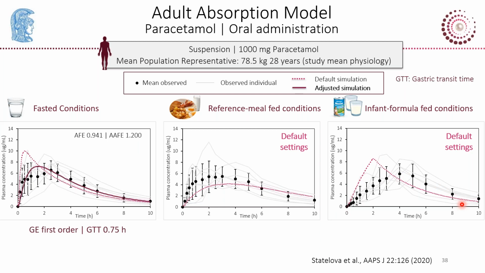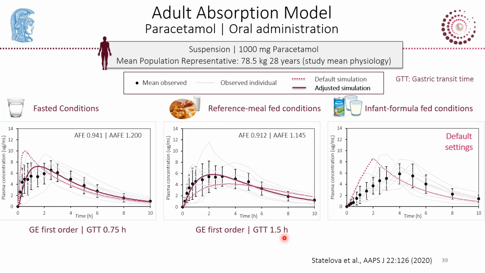Having said so, we adjusted the gastric transit time for the fasted state to 0.75 hours to match the delay observed in vivo, shown with a solid line. Then for the reference meal fed state conditions, we adjusted the gastric transit time to 1.5 hours.